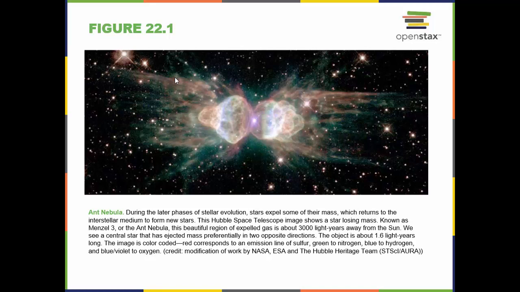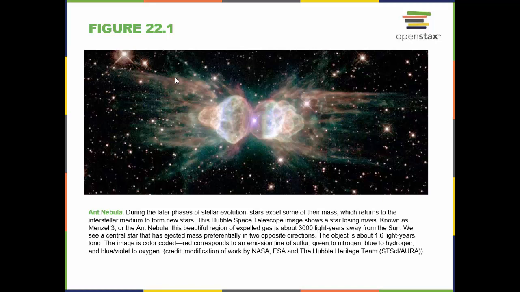And this beautiful region of expelled gas is about 3,000 light years away from the Sun. And we see that there's a central star that has ejected this mass preferentially in two directions. And the object is about 1.6 light years long.